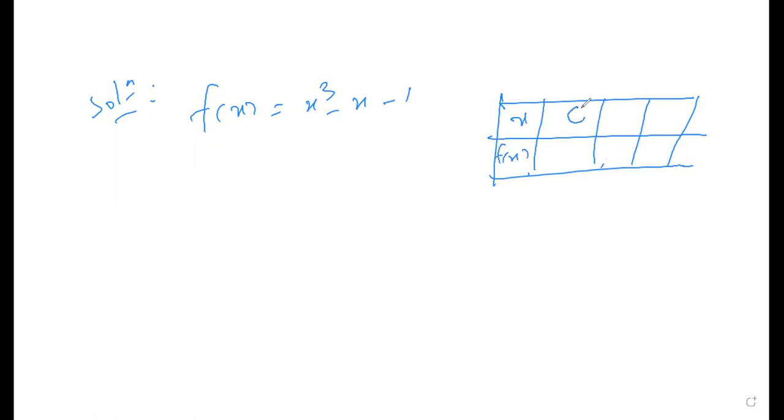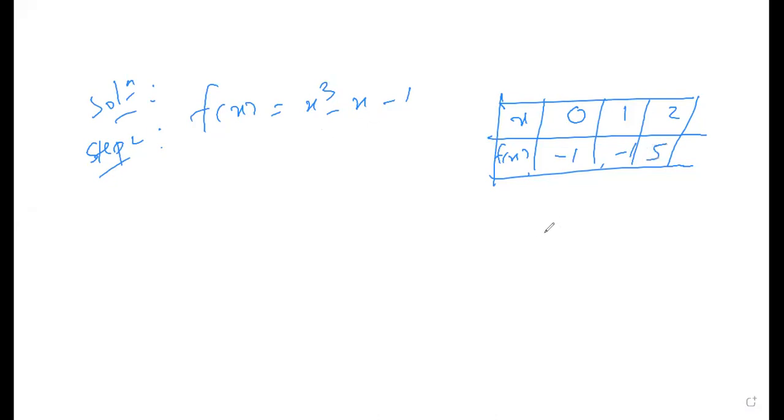Let's say I put 0, 1 or 2. Can you tell me the answers? If you put 0, it will be minus 1, isn't it? You put 1, 1 minus 1 is 0, minus 1. Am I right? Yeah, minus 1. If you put 2, 8 minus 2 is 6, 6 minus 1 is 5.